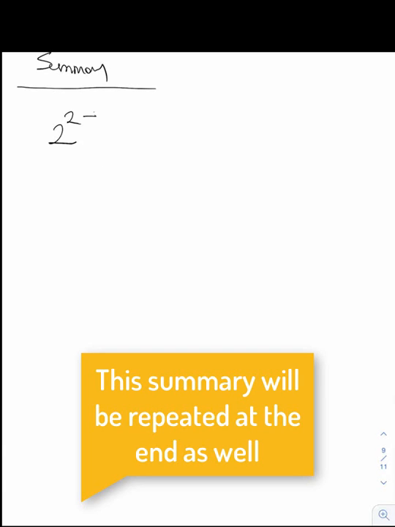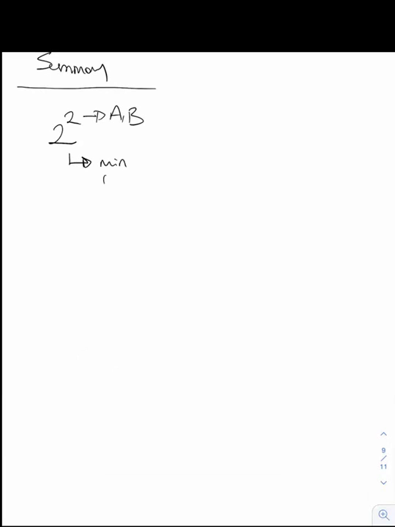Let's do the summary. Our two factors were A and B, and our two levels were minimum, minus, or maximum, plus. Okay, and using that we have accomplished 4 experiments.